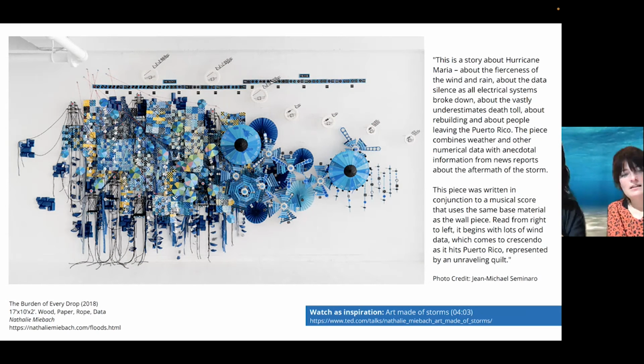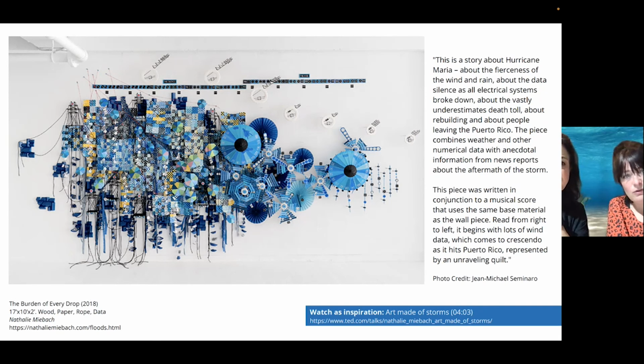And yeah, we have a nice example. This is more of an art piece by Nathalie Miebach, and this is a very nice example of a story about a hurricane. You see it's very abstract, but also in a way very pretty, and it makes you think, whoa, what is it representing?